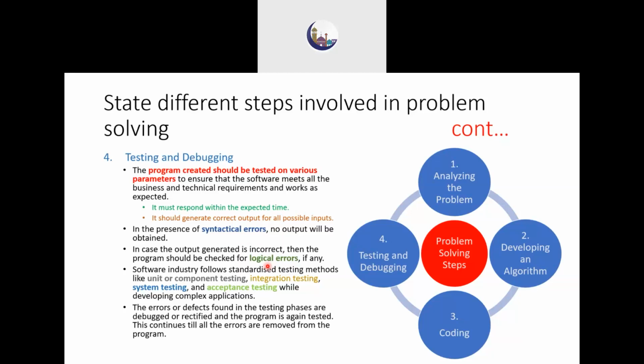I have spelled "I'm not coming today" syntactically correctly, but is it having any logical point in it? No. So your program may contain two types of errors. One is syntactical error, second is logical error. If you think that syntax is correct, everything is correct, then also you need to find out the logical errors, and if there are any logical errors, then you need to resolve them also.